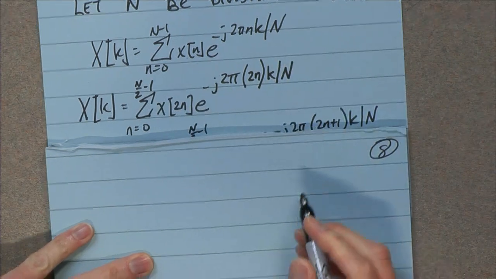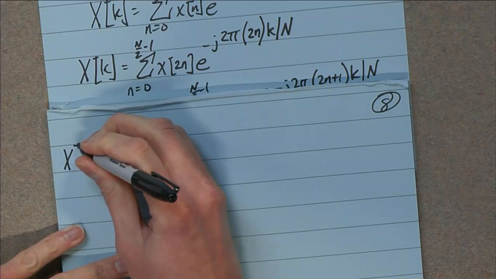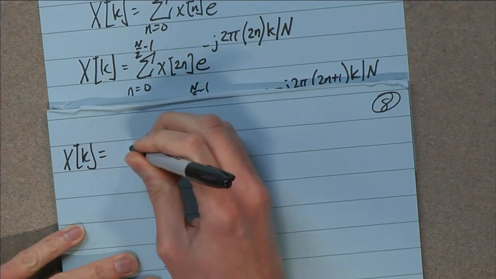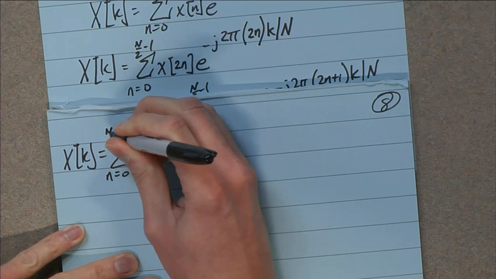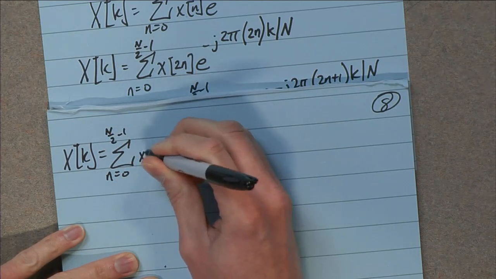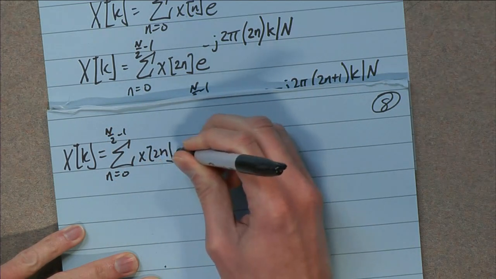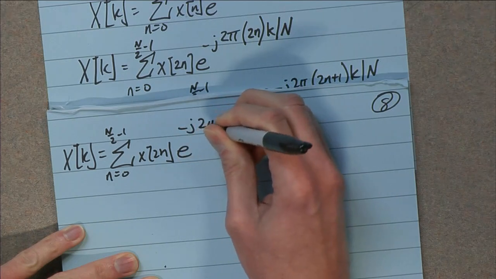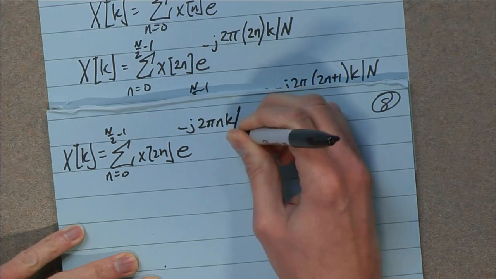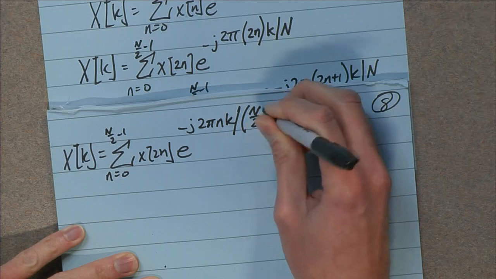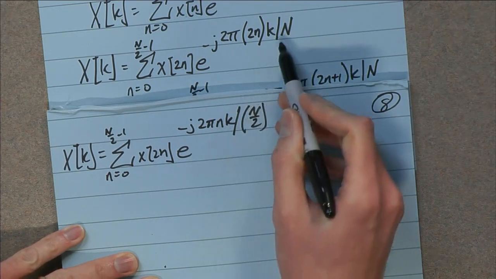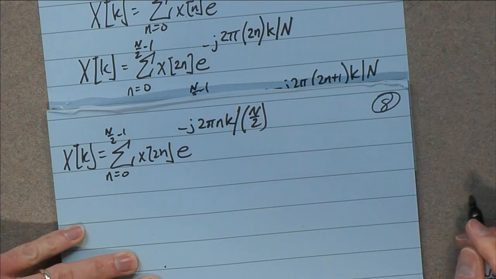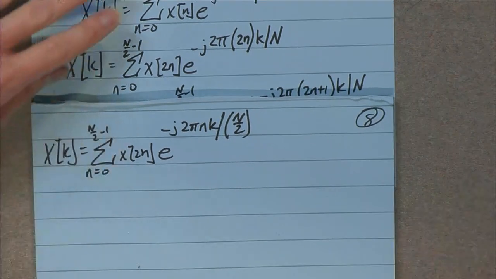And so we're well on our way with the even sequence part. So let's make that adjustment: x of 2n e to the minus j 2 pi n k divided by N over 2. So divided by N over 2, that 2 comes up and it's the same as what we had here. So far so good. Nothing has changed much.